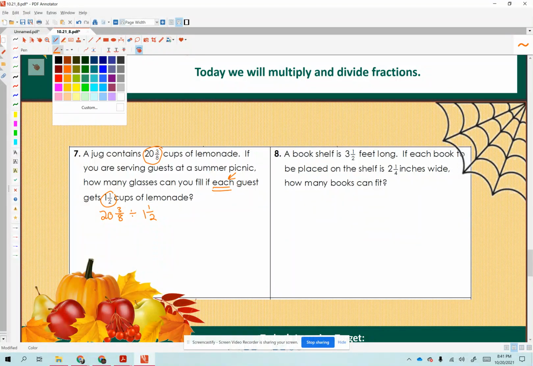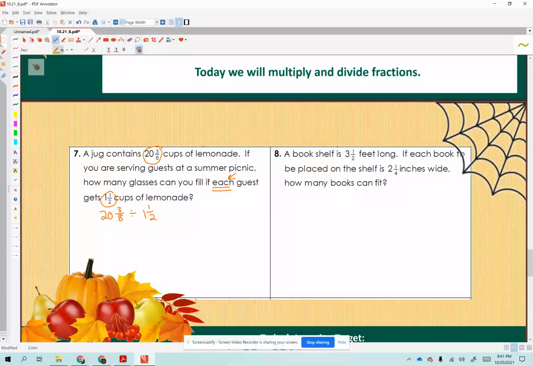So we will rewrite those fractions as improper fractions. So 8 times 20 is 160, plus 3 is 163 over 8. And then 2 times 1 is 2, plus 1 more is 3.